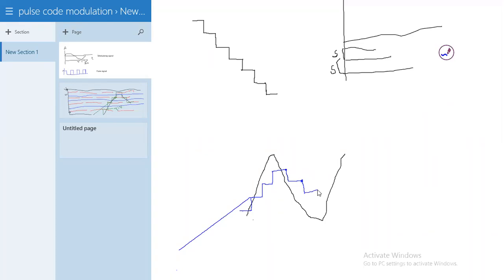Again it stays Ts. At this one also, mq(t) is greater than m(t), down. It stays Ts. Again at this position, mq(t) is less than m(t), then it rises upwards and stays Ts. Up to this. Here we can observe that this is a quantized signal. This is our analog signal.